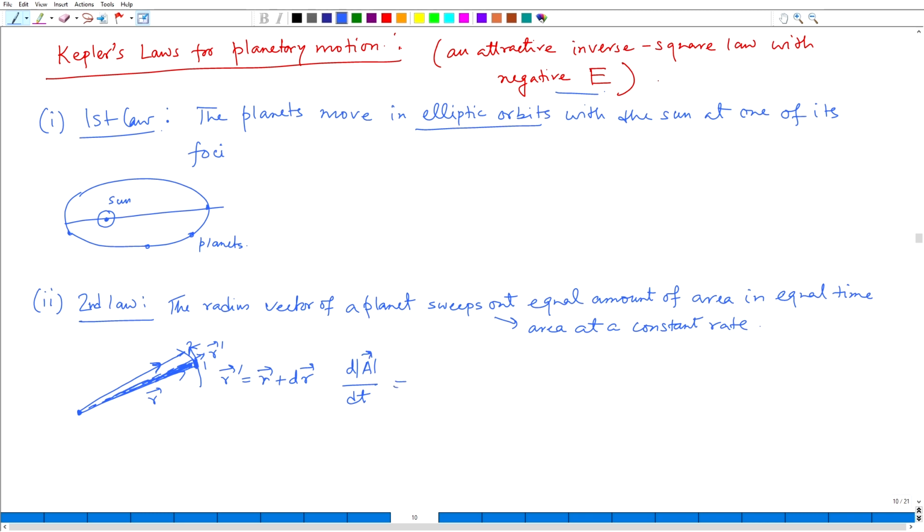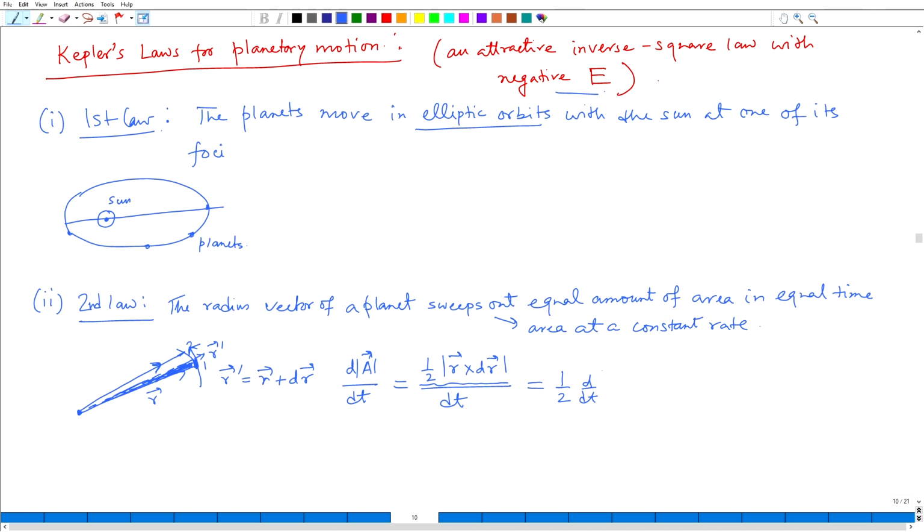I know from my knowledge of vector algebra, this is nothing but half r cross dr by dt. So, this is the small triangle subtended by r and dr, and they are almost perpendicular actually. So, that is why you can simply write half d/dt of r dr.